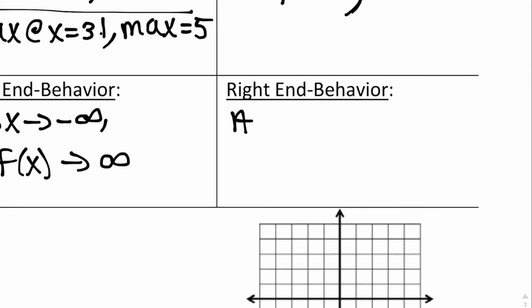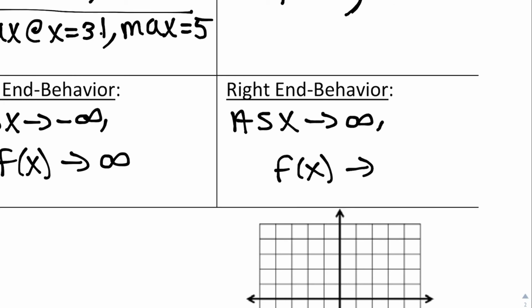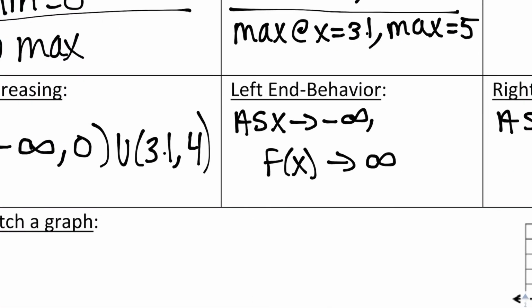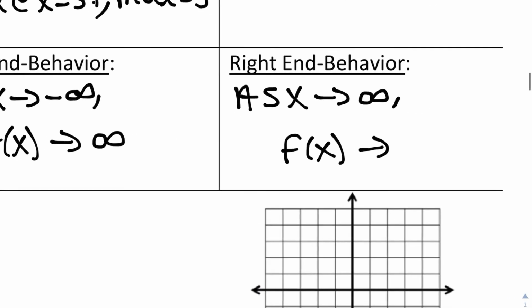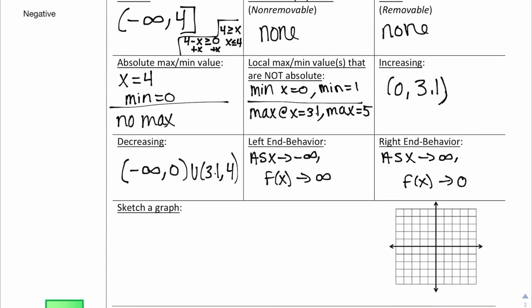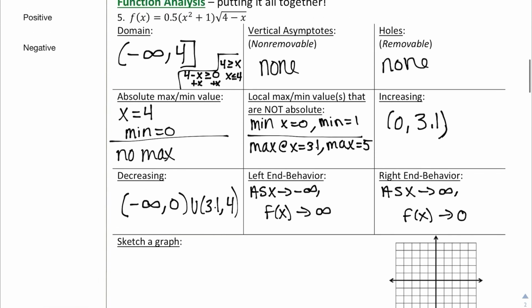For the right end behavior, as I go in the positive direction of my graph, it ends at 4. Nothing goes past 4, right? So the y value, we'd use the y value here, so the function is going to 0, all right, and it stops at 0. And you can sketch the graph from Desmos there, but that would be the different information for this particular function.